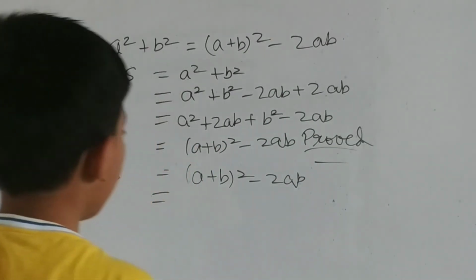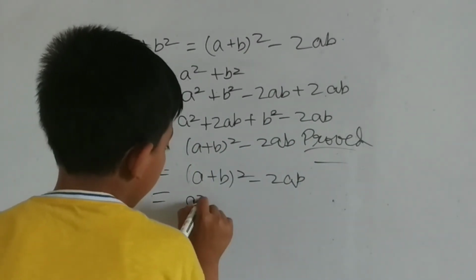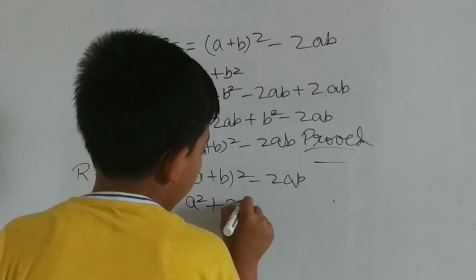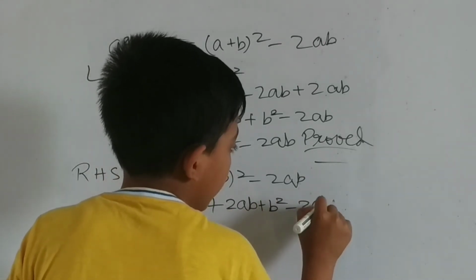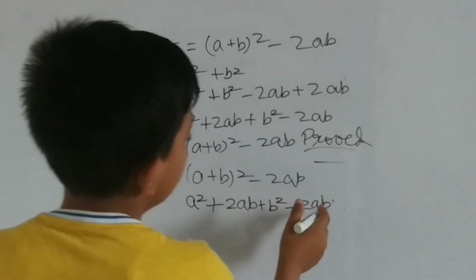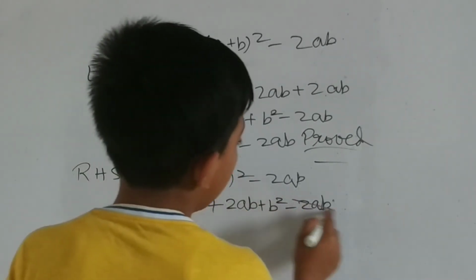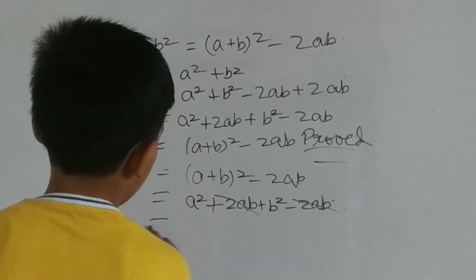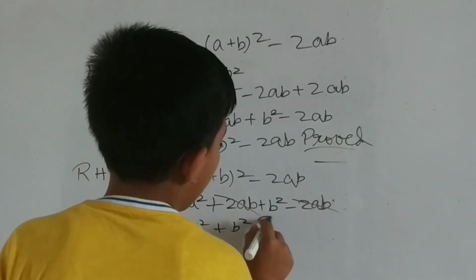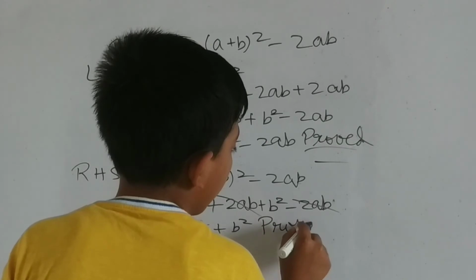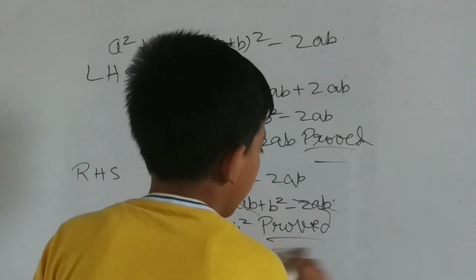So it's so easy. We will factorize it. It's a square plus 2ab plus b square minus 2ab. Again opposite signs, plus 2ab and minus 2ab cancel. We will get a square plus b square, and that we have to prove, and hence we have proved.